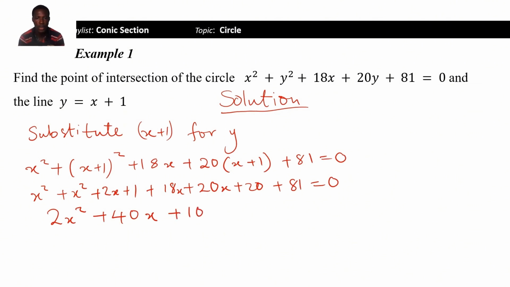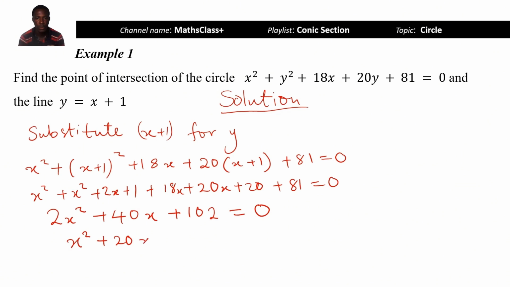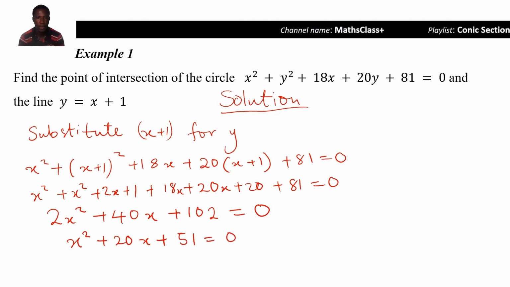So 102 is equal to 0. So I can divide through by 2 to get the equation as this. Now with this, I solve as a quadratic equation.